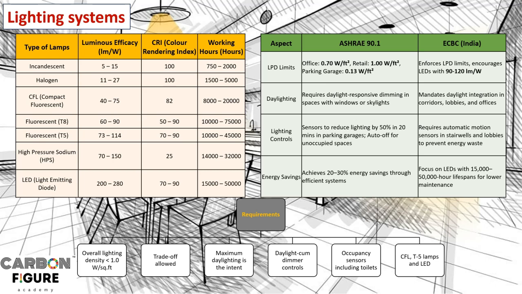So in overall requirements, we can say overall lighting density should be less than 1 watt per square feet, right? Trade off is allowed. Trade off in the sense, certain areas can have maximum utilization, whereas certain areas can have lesser or nil utilization of electricity.